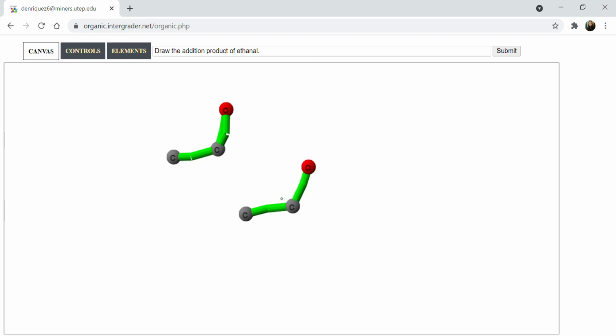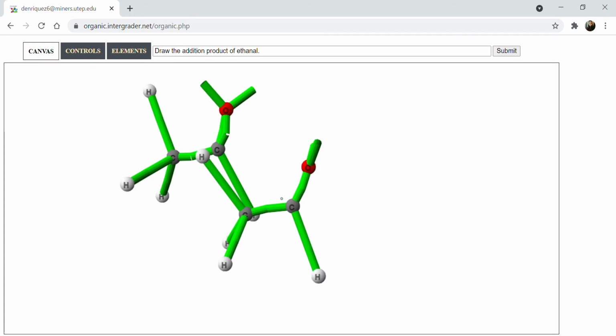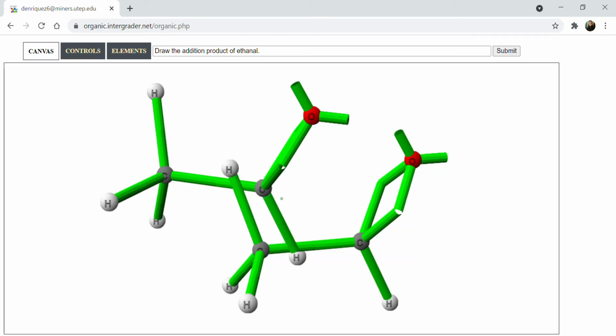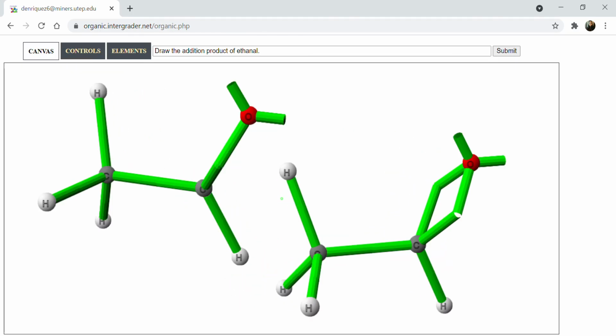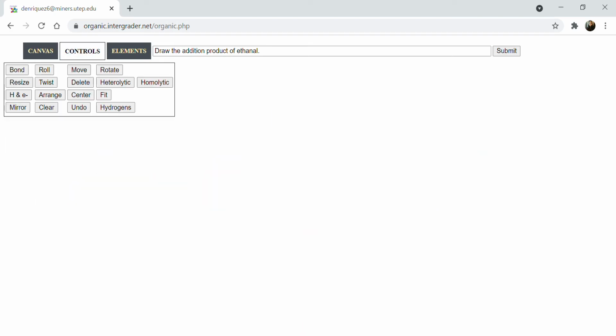Addition product of ethanal, so 2 carbons. Oxygen, double bonded, oxygen, double bonded. Add my hydrogens. Move this to the side a little bit. And we're just doing an addition.